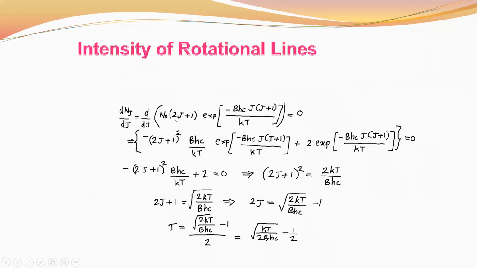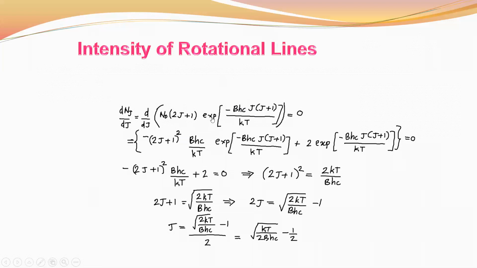So 2J plus 1 into, if it is in the form e raised to minus ax, but here it is not in the form minus ax. So first we have to write e raised to some quantity, then exponent of that quantity and the differential of the power of the exponent.